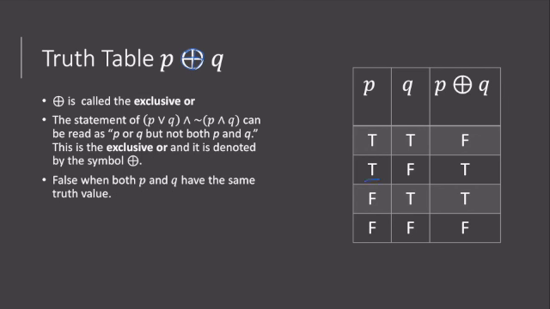So if P is true and Q is false, then P exclusive or Q is true. And if P is false and Q is true, then P exclusive or Q is true. They're only false if they have the same value, because it's P or Q, but not both of them. In this case, we have both of them.